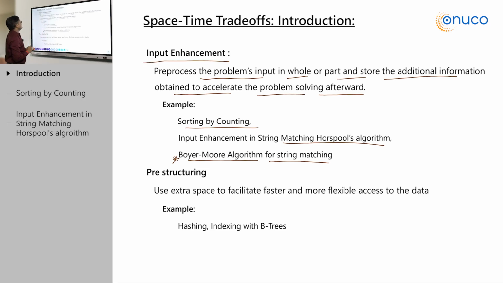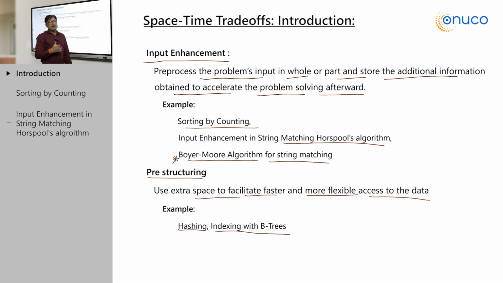Likewise, besides input enhancements, we have pre-structuring, which uses extra space to facilitate faster and more flexible access to the data. Based on this concept under space-time trade-off we have hashing and indexing with B-trees. While doing hashing, we have some bigger keys and we convert them into a smaller set of hash values, that is, converting larger integer sizes into smaller sizes.